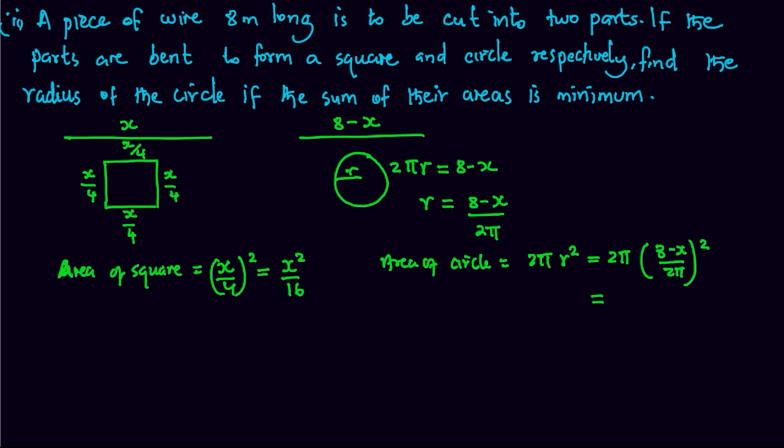And this will be equivalent to (8 - x) squared over 4 pi.